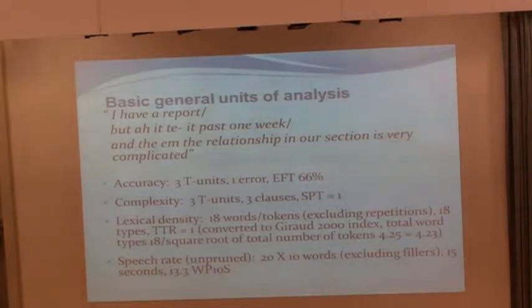But it passed 1 week. Okay, so now, with those 2 clauses, we have 4 words, 5, 6. I'm not sure if he used pruned, but it passed 1 week.